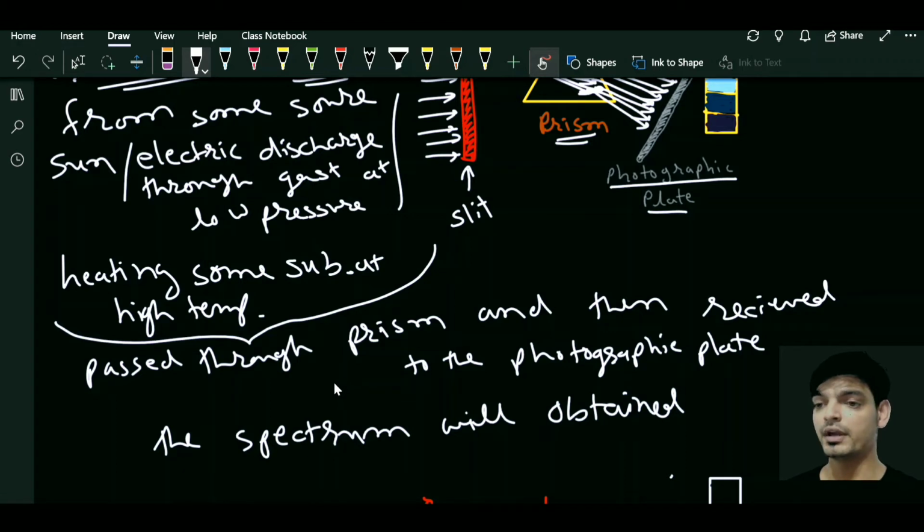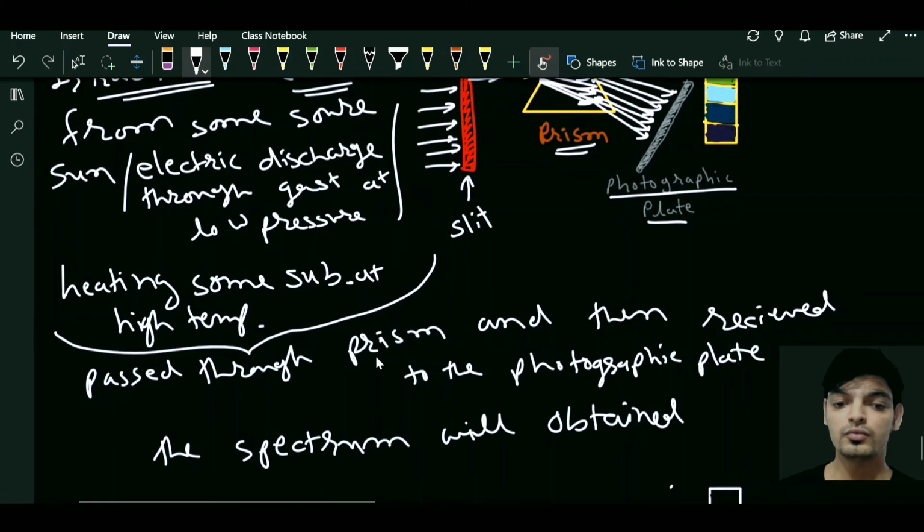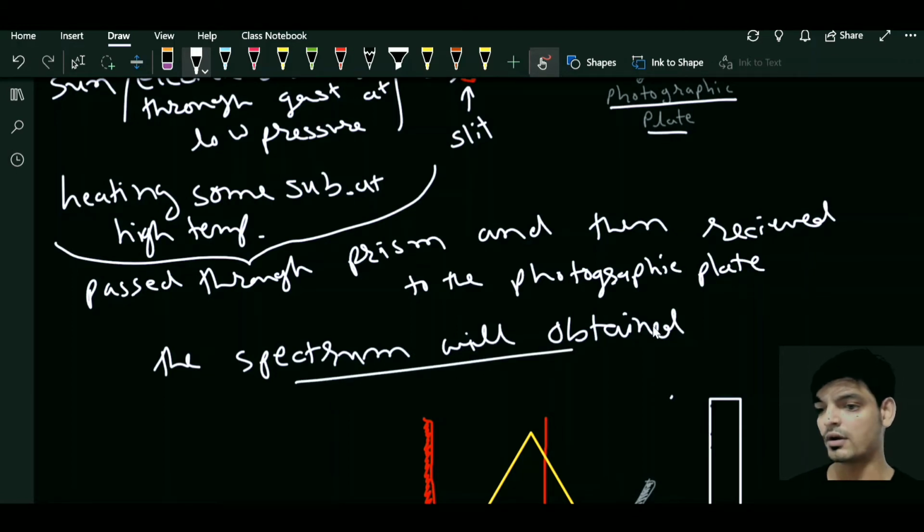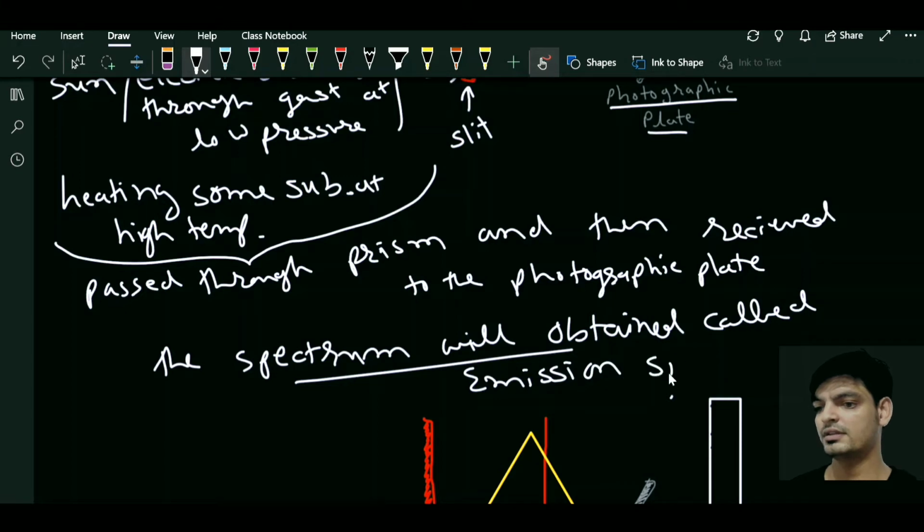So here I have explained emission spectra, but there are two classifications in emission spectra. Let me complete it here: the spectrum obtained is called the emission spectra. So this is the definition.